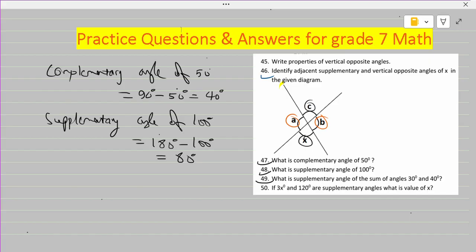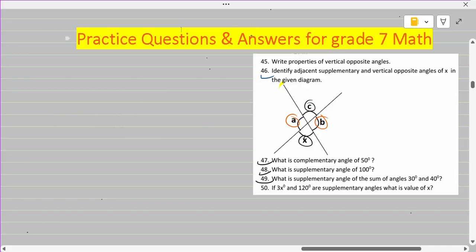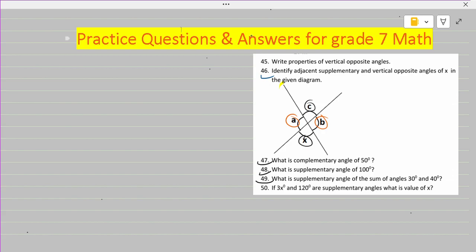So it is asked here, I'll make this clear first. For 49, what is the supplementary angle of the sum of the angles 30 and 40? So first you have to find the sum of the angles 30 degrees and 40 degrees that are given. That is 30 degrees plus 40 degrees, which is 70 degrees.